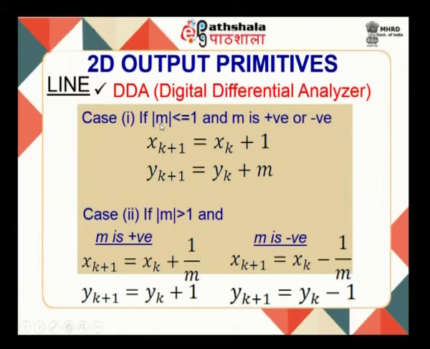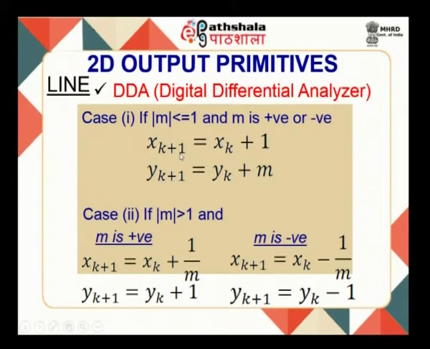In this case, as we assumed that the slope is less than 1, we are sampling the line along the x axis. As we understood earlier, for lines more inclined towards the x axis, we sample the line along the x axis at unit steps. That means every next x value is exactly 1 unit from the previous x value.